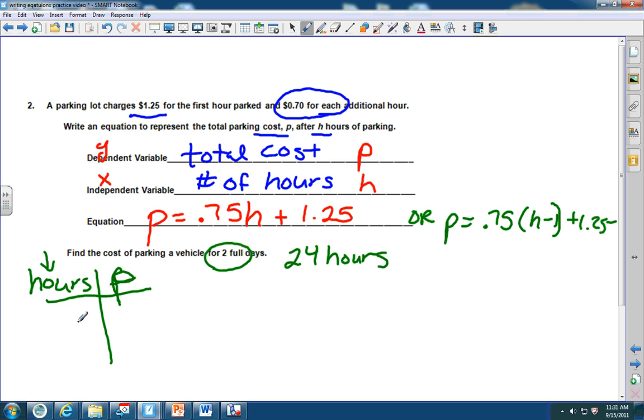You can't put 24 right here because of the first hour. Well, if you did it for this one right here, you could put 24 in there. But see, when you put in there 24 minus 1, that's 23. And if you were trying to find your answer for the red one right there, you would go in here and find 23. So I'm going to do it this way.